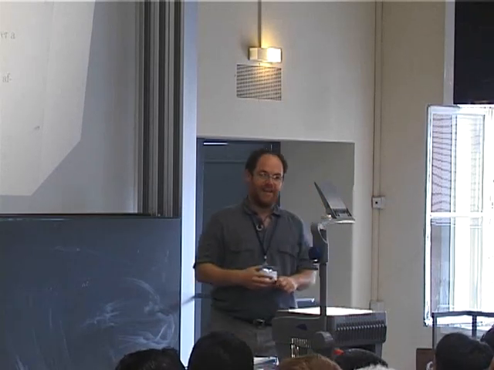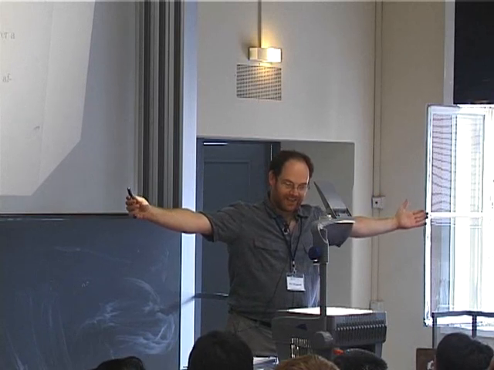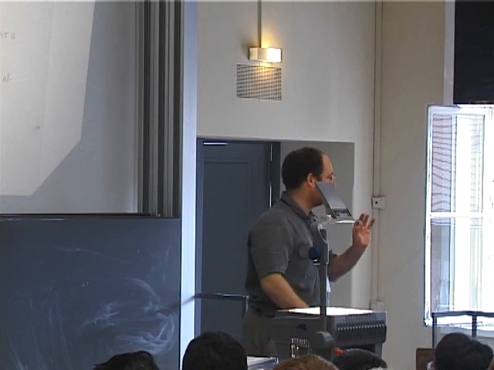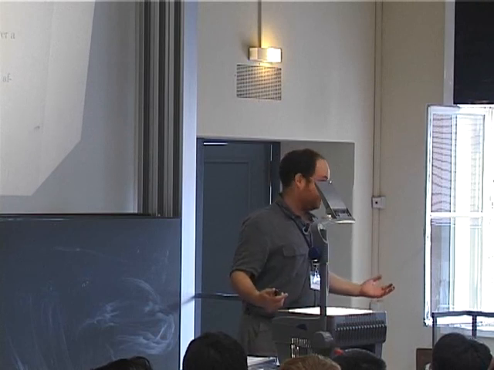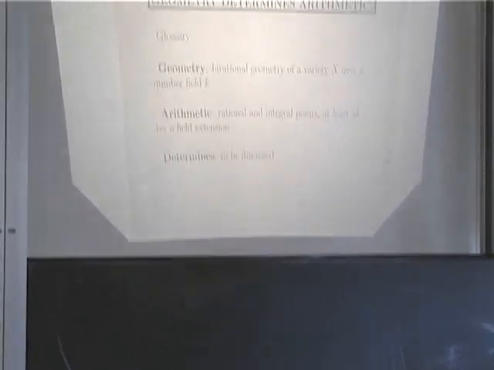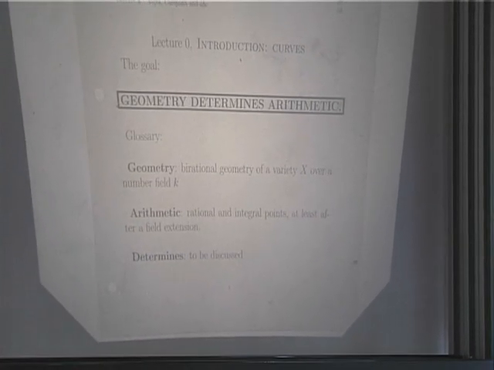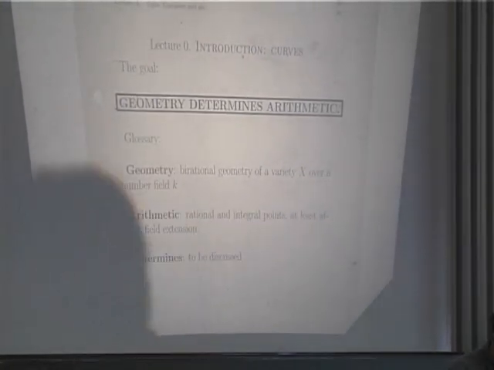Arithmetic is what we've heard about all along, rational and integral points, at least after a field extension. So one major point where I try to get rid of the randomness is by allowing myself to extend the base field, which is somewhat in contrast to what Darmon has been doing in his lectures. And what does determine mean? Well, that's to be determined.